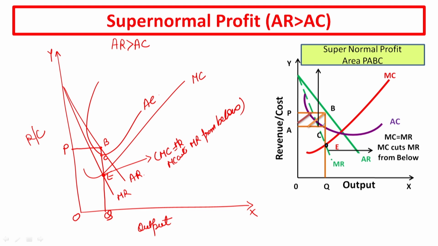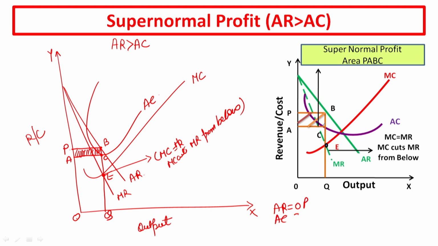And your average cost is this much. That means you are going to join this. So this point, label it as A. That means this area is your supernormal profit area. How do you calculate this? Your average revenue is OP.